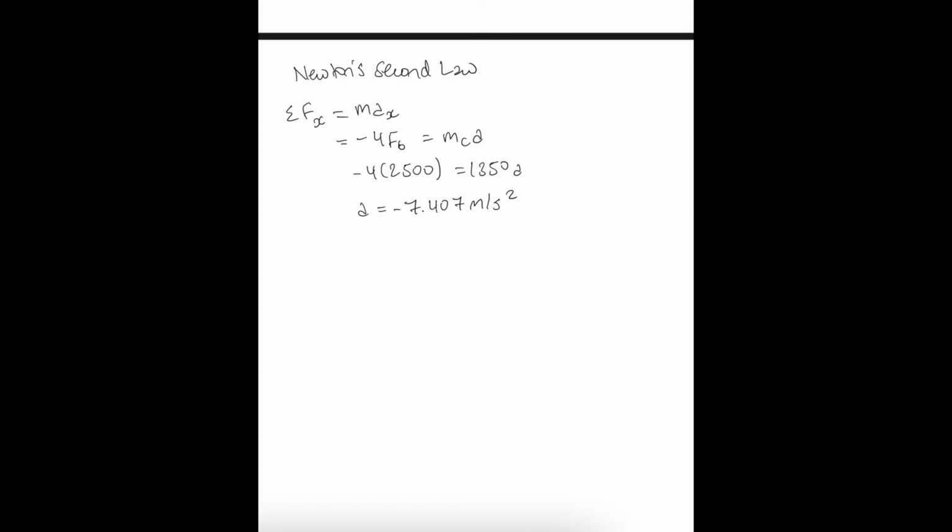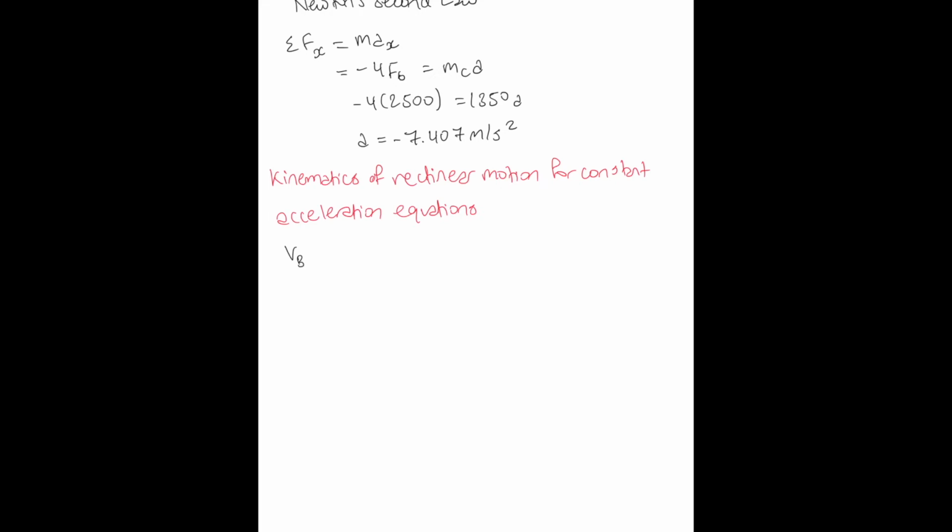So if we recall back to our kinematics of rectilinear motion, for constant acceleration equations, we know that VB squared is equal to VA squared plus 2A(SB minus SA).